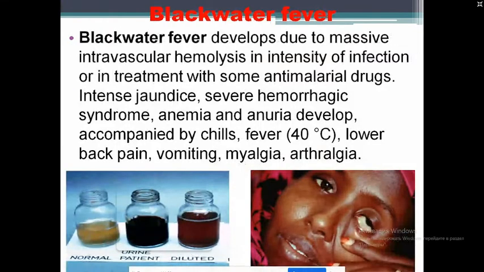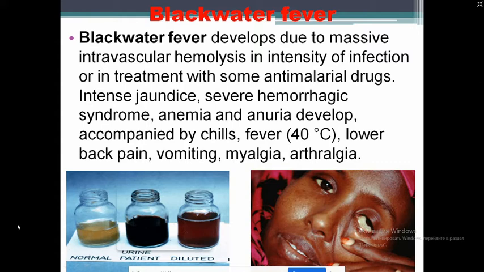Blackwater fever. Blackwater fever develops due to massive intravascular hemolysis in high intensity of infection or in treatment with some antimalarial drugs. Intense jaundice, severe hemorrhagic syndrome, anemia and anuria develop, accompanied by chills, fever up to 40 degrees centigrade, low back pain, vomiting, myalgia, and arthralgia.